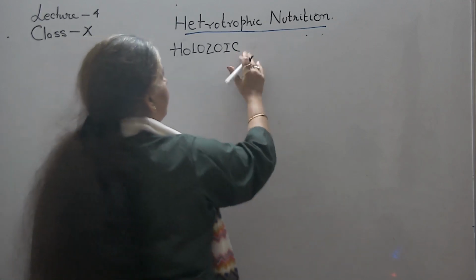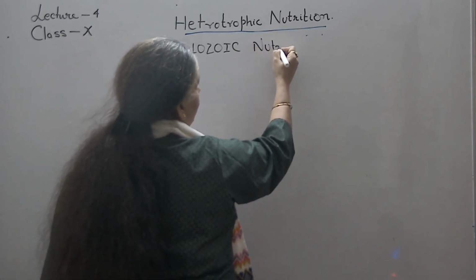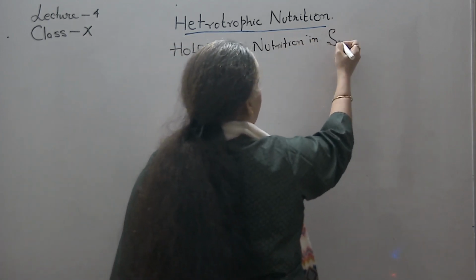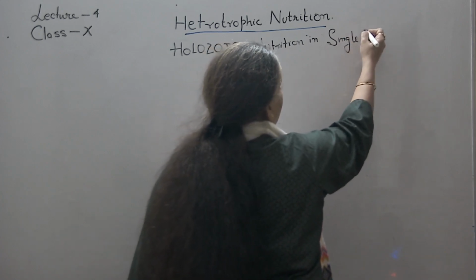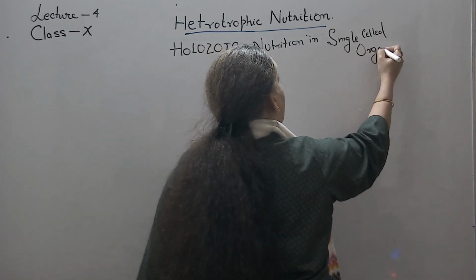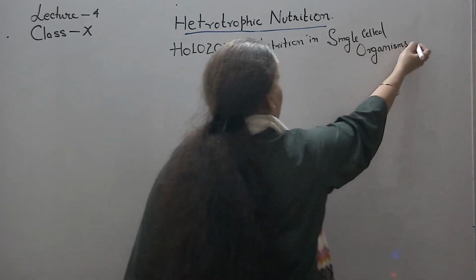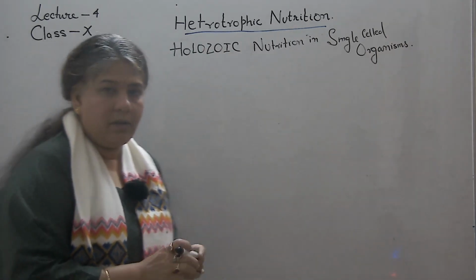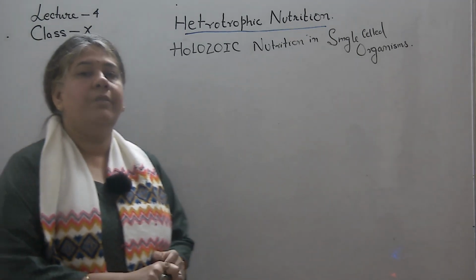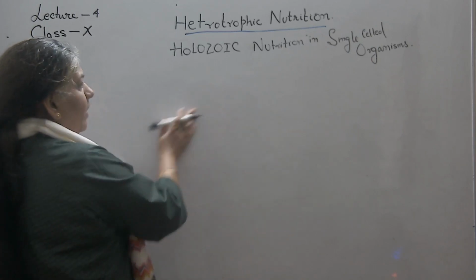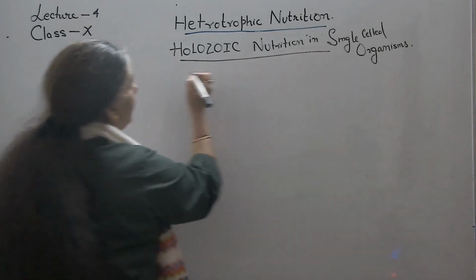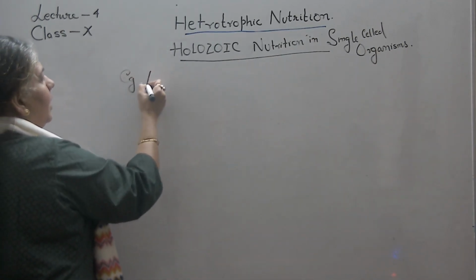First is amoeba, then we'll talk about paramecium also. In the case of amoeba, they have an irregular body shape.